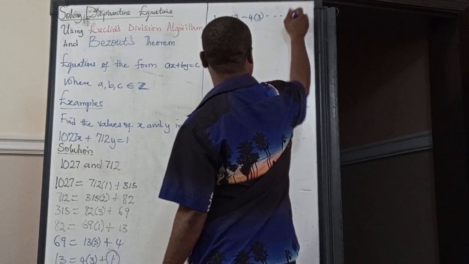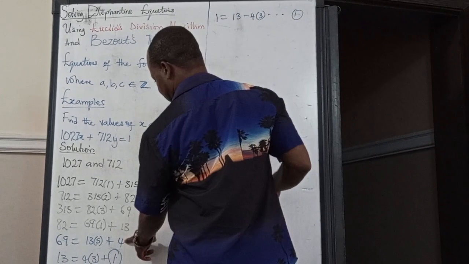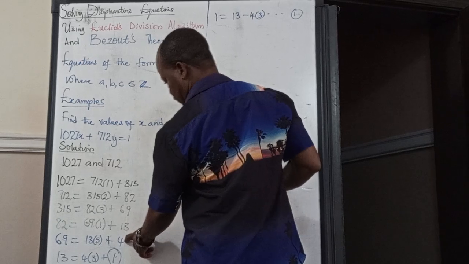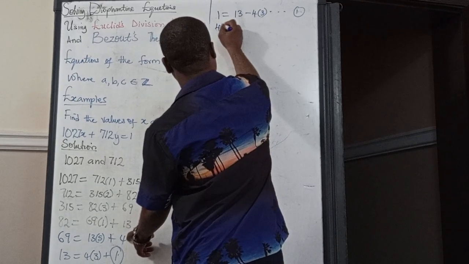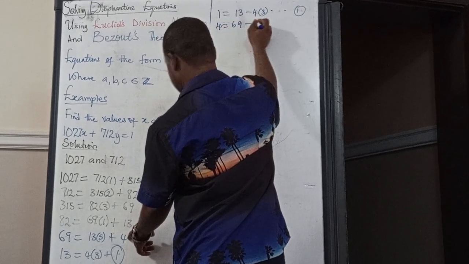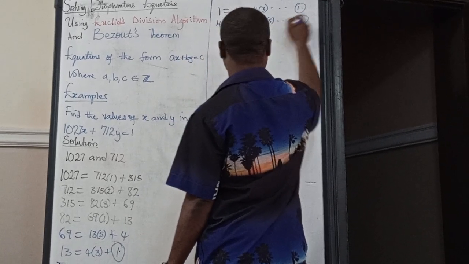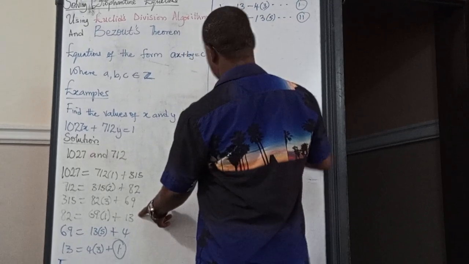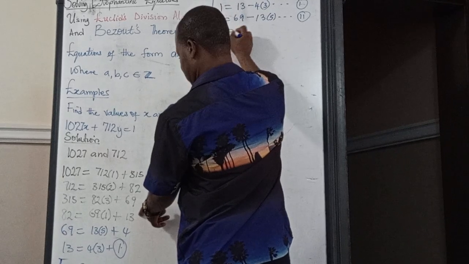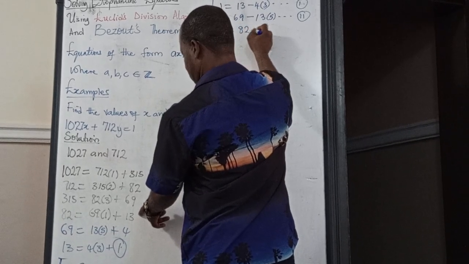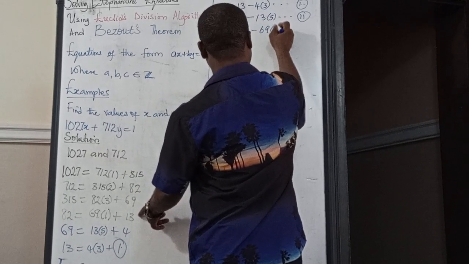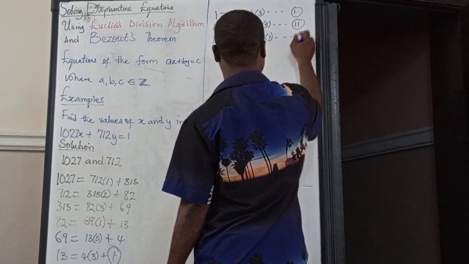Let's call that equation 1. In the second line, making 4 the subject, 4 = 69 minus 13 times 5. Let's call that equation 2. In the third line, to make 13 the subject, 13 = 82 minus 69 times 1. Let's call that equation 3.